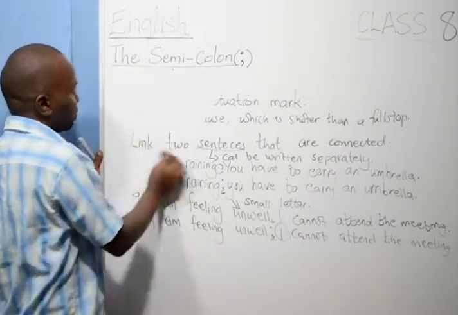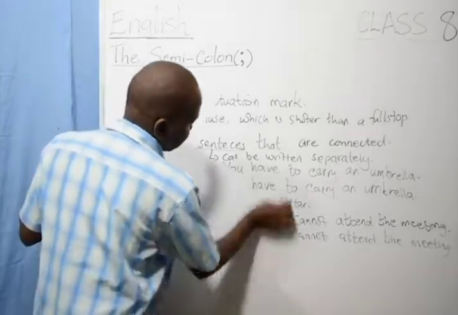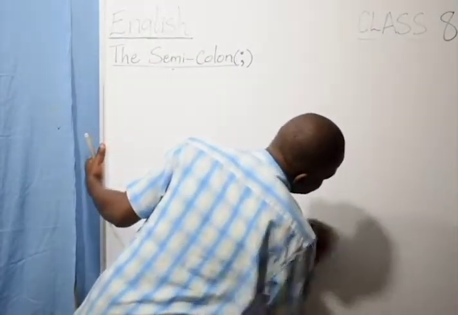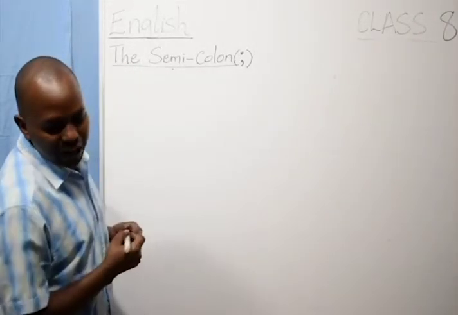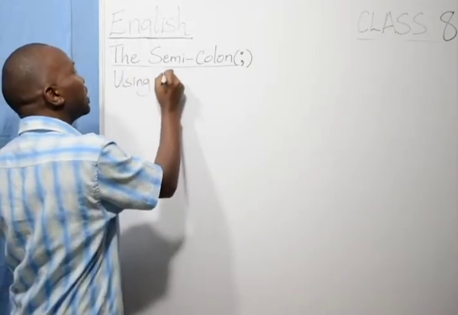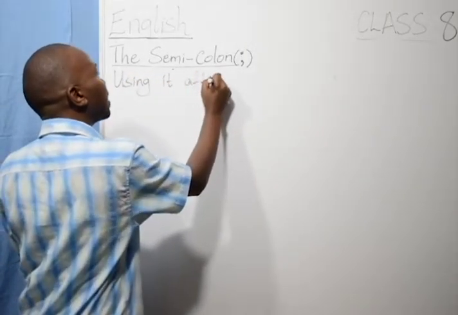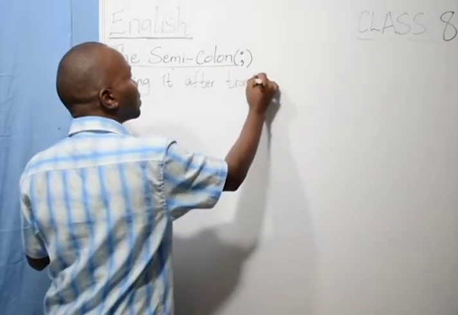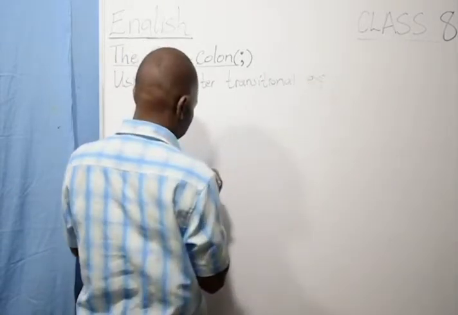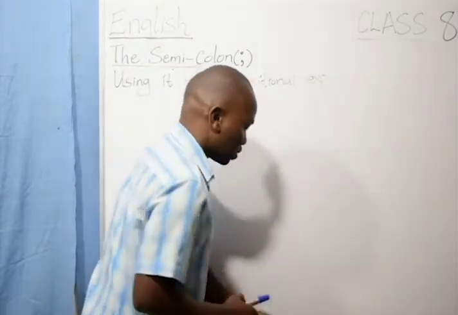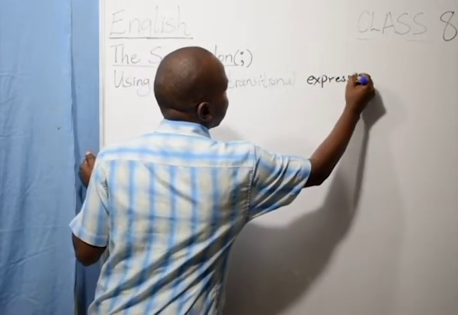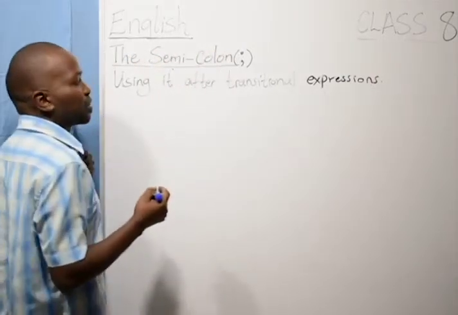Now, the other way of using the semicolon is whereby we use it after what we call transitional expressions.